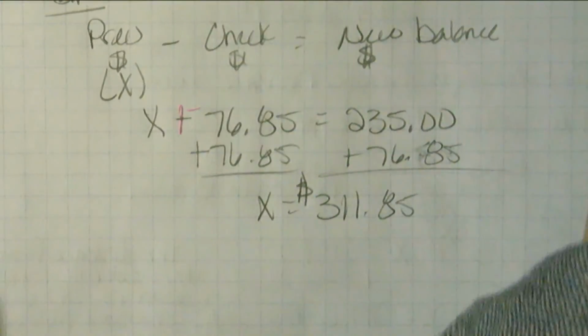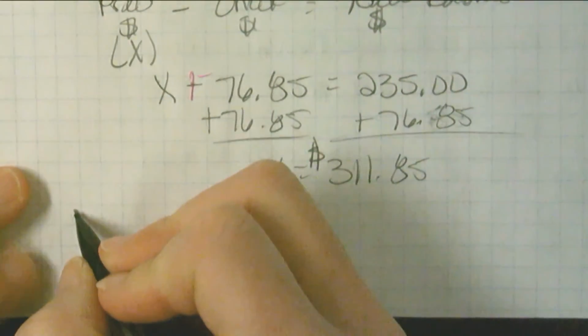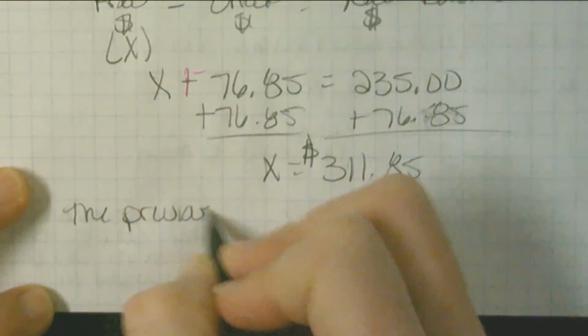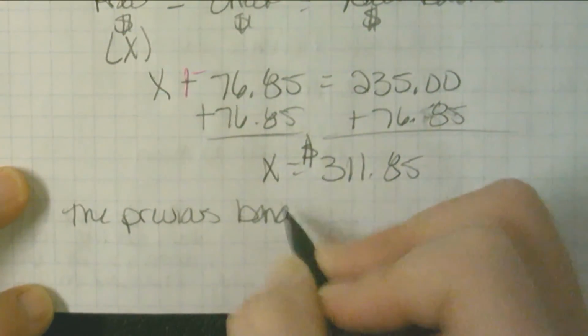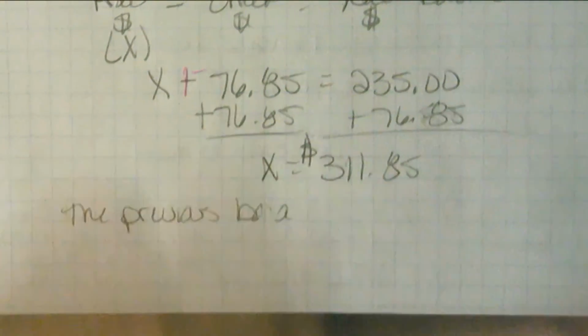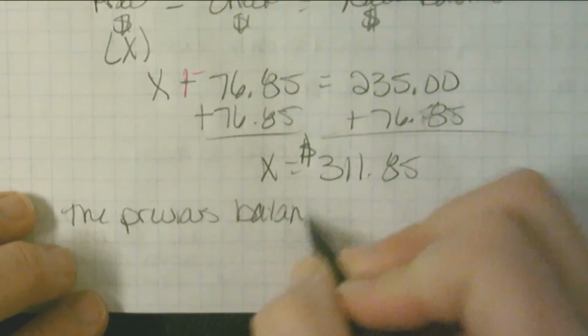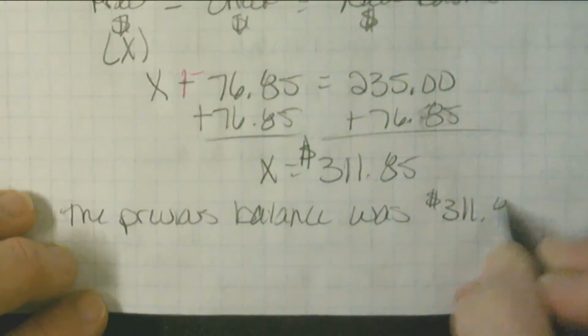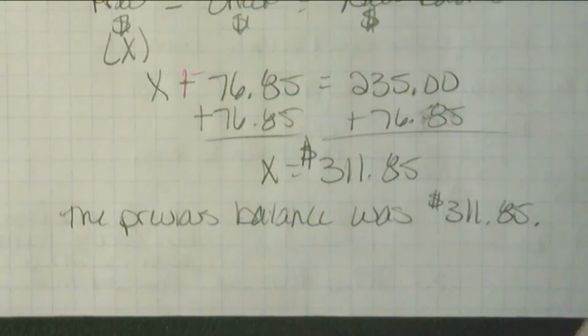So Mateo, tell me what your sentence would be. Sweet, nice work. Previous balance was $311.85. How many of you guys got that?